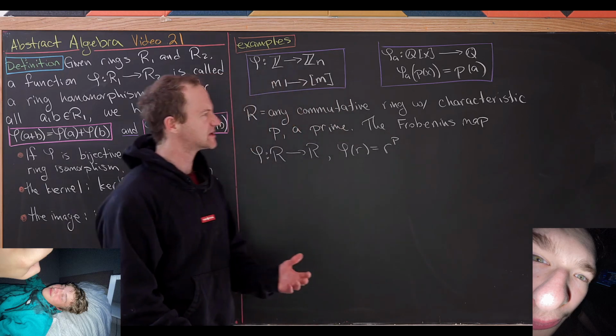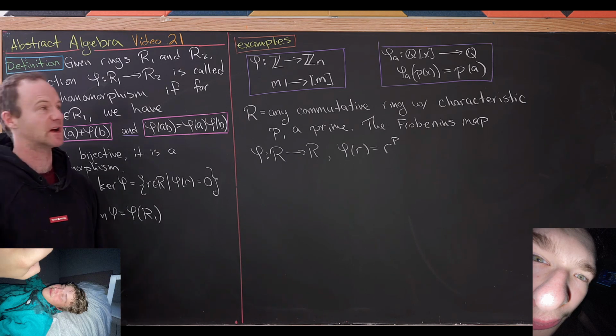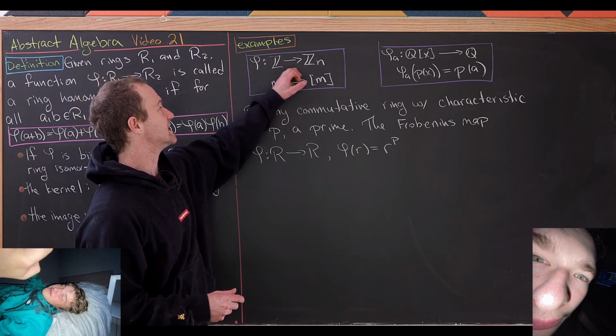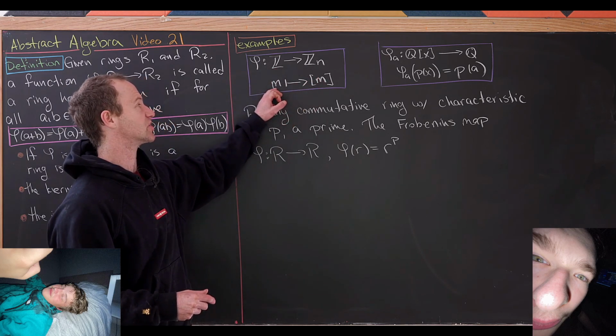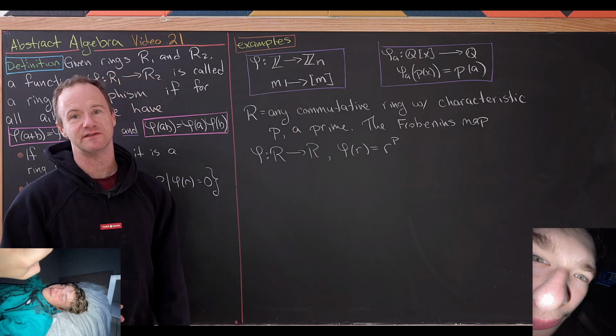So let's look at some examples, starting off with two examples that we won't even check are ring homomorphisms because it's fairly clear. Let's take the map from Z to Zn that takes an integer m and assigns it to its equivalence class inside of Zn.